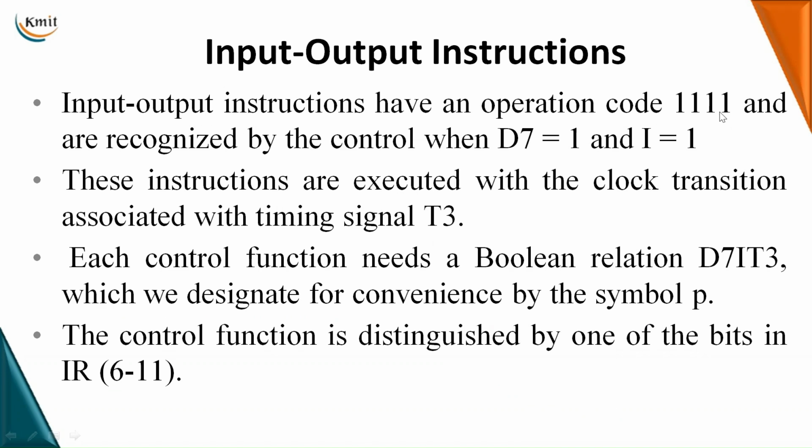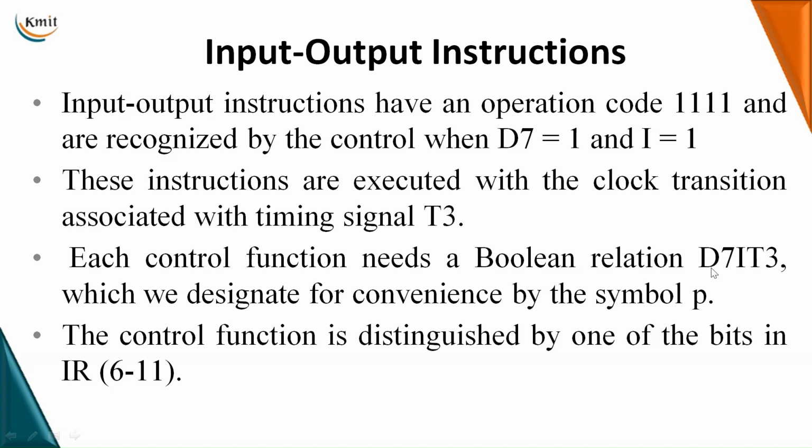The input output instructions have an operation code of 1111 and are recognized by the control when the decoder output D7 and I is 1. The execution of these instructions also starts at clock cycle T3, similar to register reference instructions. Each control function needs a Boolean relation.